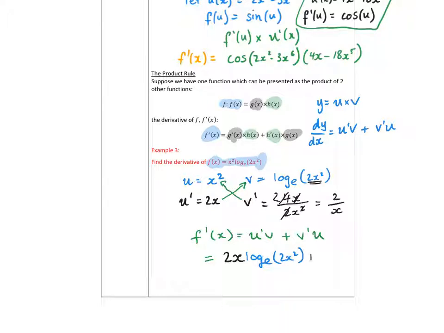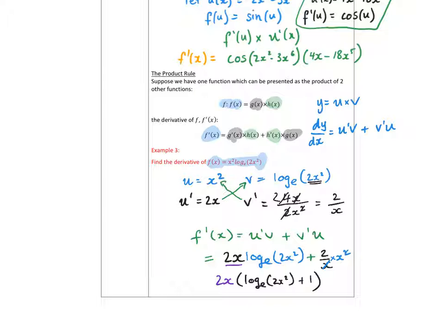So I need to add my v dash, which is 2 over x, times my u, which is x squared. And if we think 2 over x times x squared, well, one of those x's will cancel, and we get 2x log e 2x squared plus 2x. Last step here would be to simplify. If we take out our common factor of 2x, then we end up with 2x times the natural log of 2x squared plus 1.